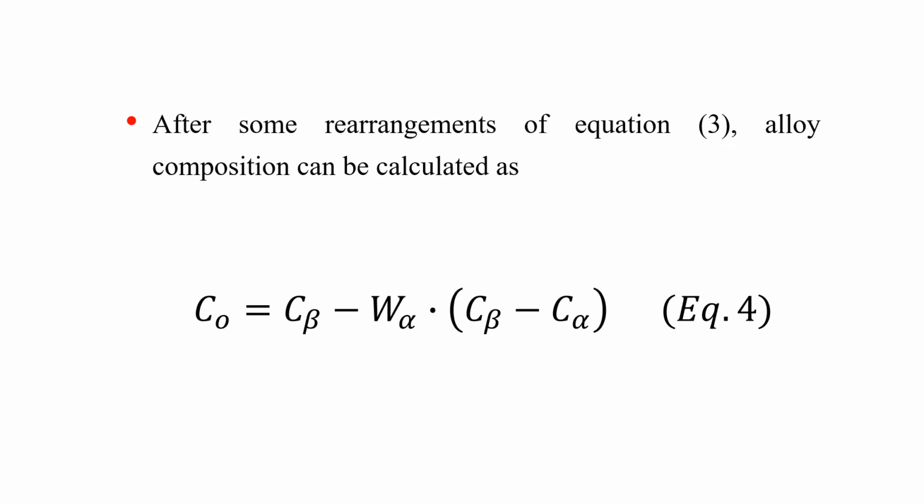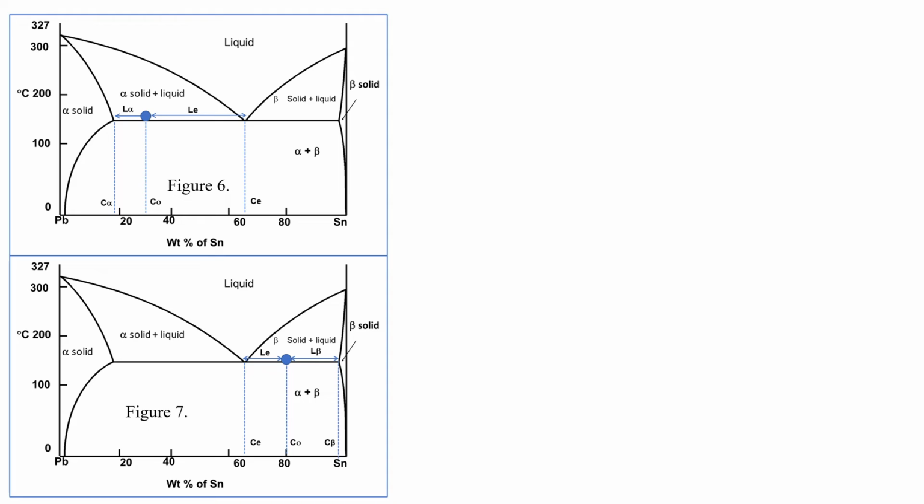After some rearrangement of equation 3, the alloy composition can be calculated with this equation. And remember that C alpha and C beta are constants to be substituted in the equation that we have here. Now, we have a couple of diagrams, figures 6 and 7. Actually, it's the same graphic, but we use each of them for a different calculation.